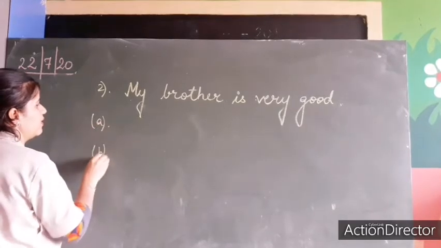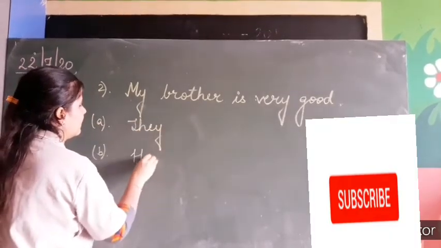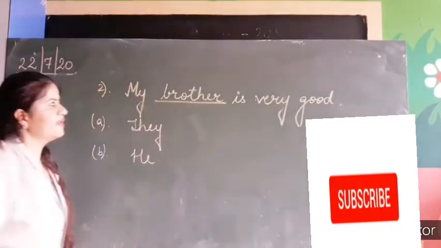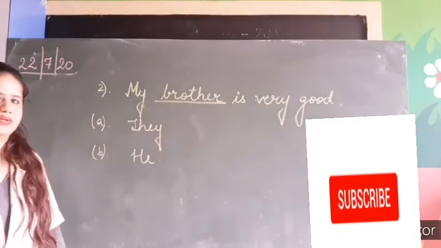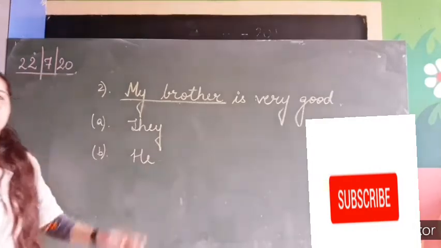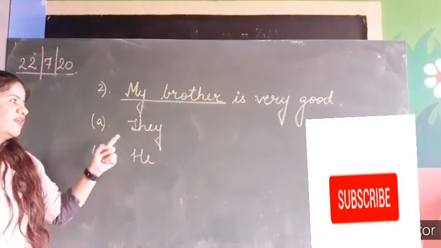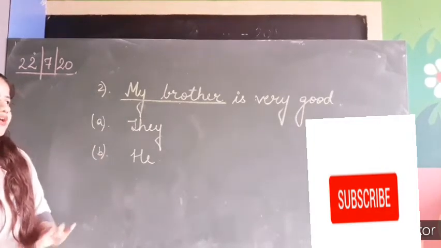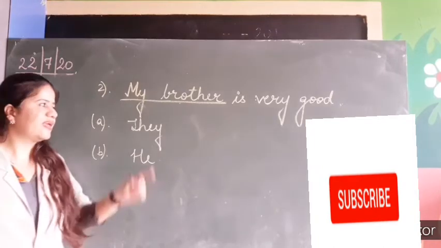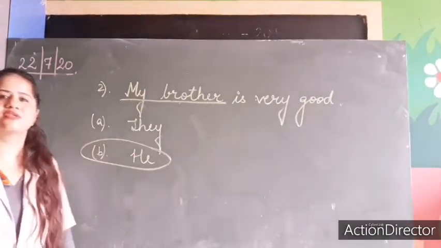And the options are they and he, and brother is a naming word. So in place of my brother, you have to use a pronoun, they or he. Which pronoun will you use? You will say he is very good. He is very good. So he is the correct option.